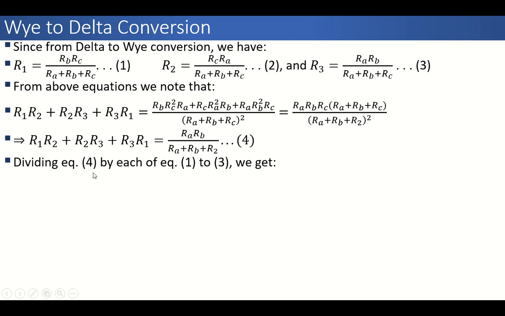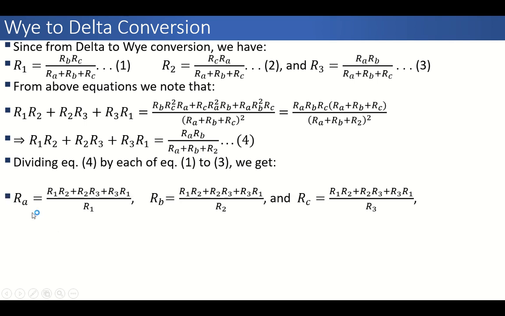So if we divide equation 4 by each of the equations 1 to 3, let's suppose we start from equation number 1. If we divide this equation with equation number 1, we can see that when we divide the left side by R1, obviously this whole side will be divided by R1, but on the right side we can see that RB and RC will cancel, and similarly RA, RB and RC will be divided, remaining will be RA only.